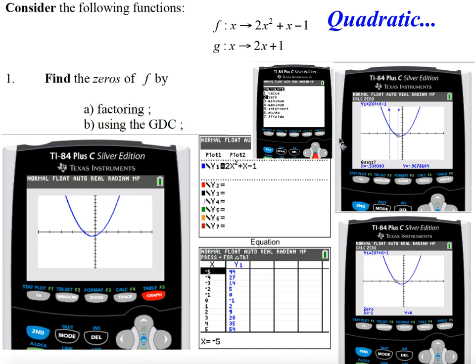We're grabbing the second one for the zeros. Pretty classic left bound, right bound to set extreme boundaries on where the GDC is going to be looking. So it says guess, you hit enter again. It's trying to look between these two left bound, right bound values, and of course it throws -1 into your lap. So not surprisingly, we were able to confirm that x equals -1 is one of the zeros, and you could actually go ahead and try to confirm that x equals a half is the other one.